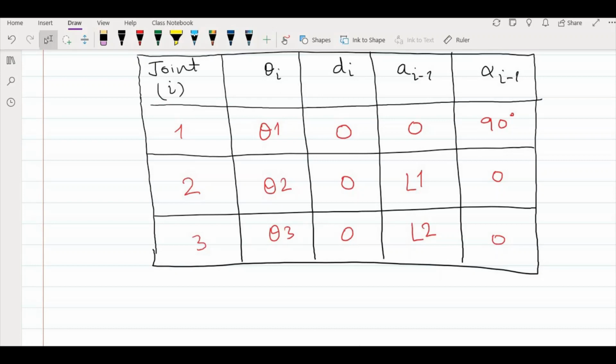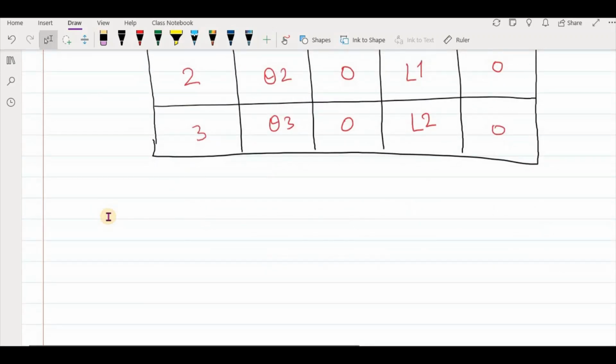So this is how we calculate the DH parameters of different types of robots. If you want further reading, I would recommend this book.